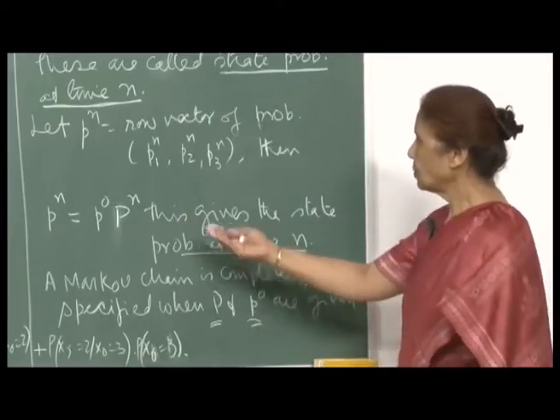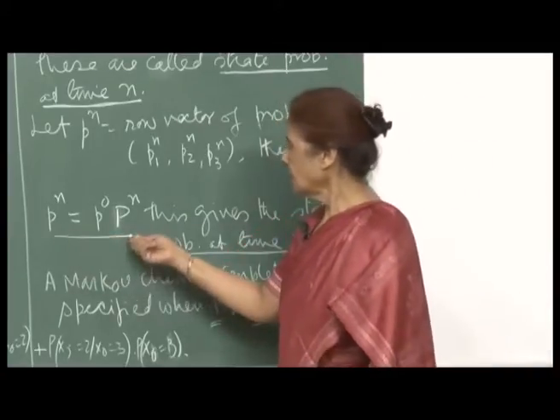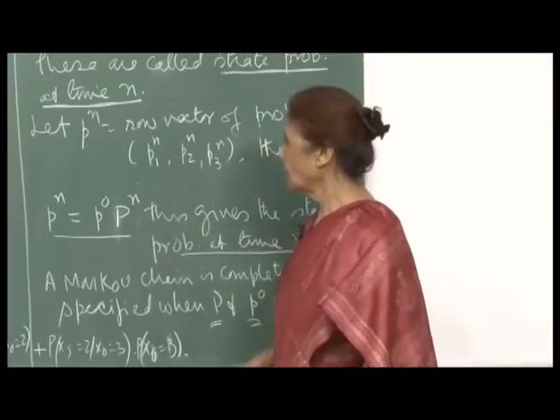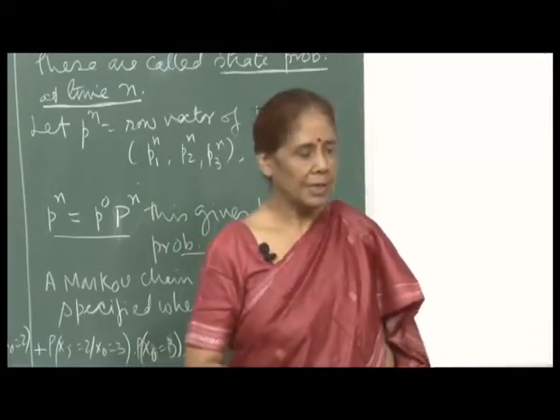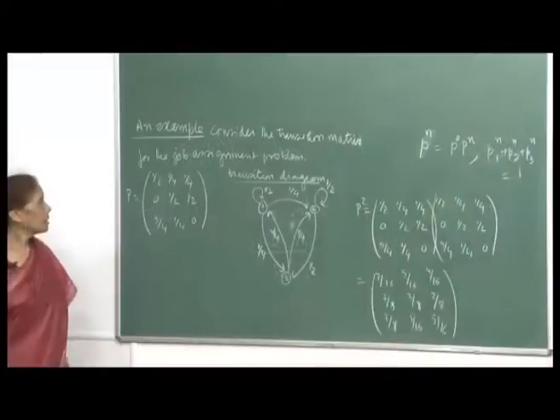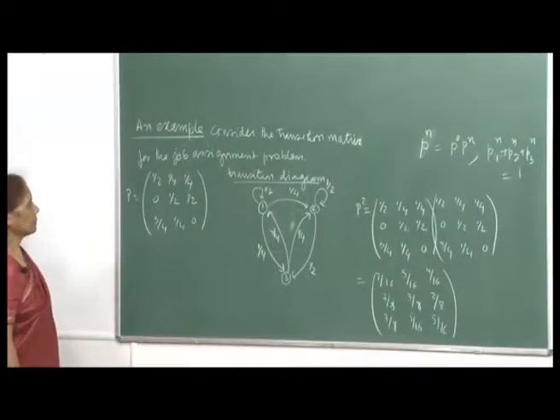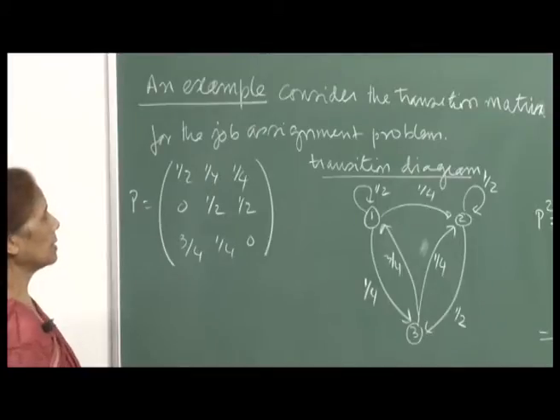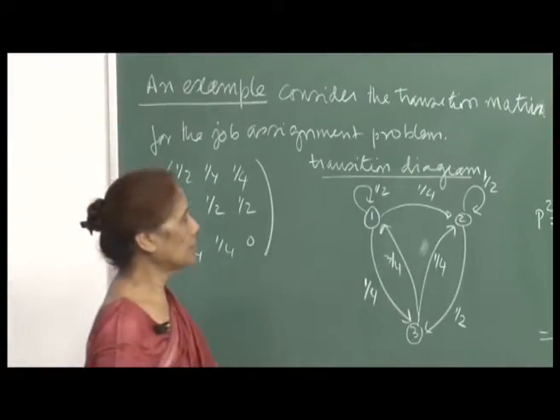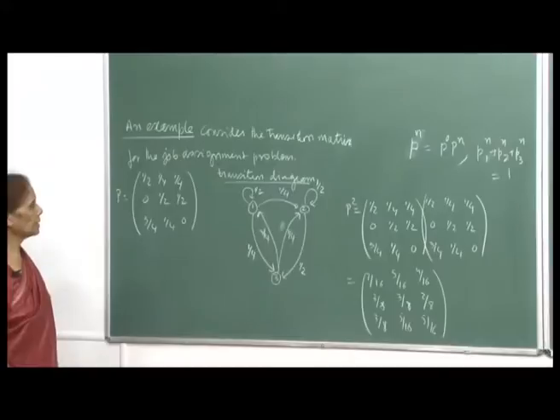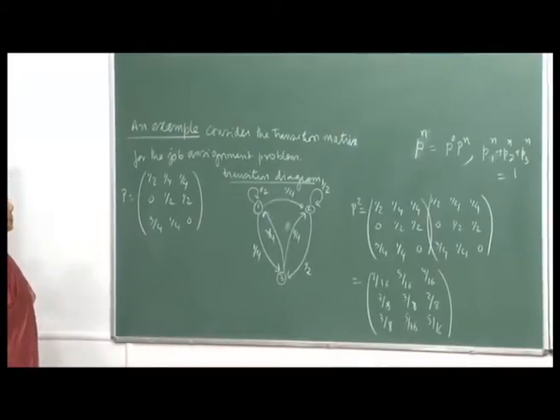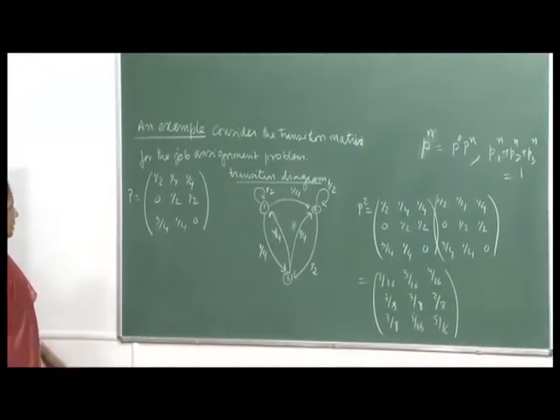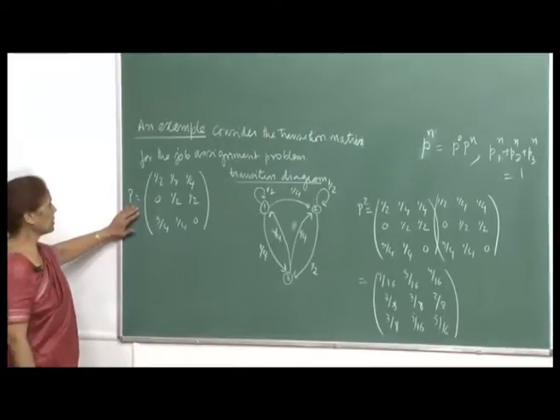Then you can compute these, and of course, you can compute the n step transition probabilities also. So, let us consider an example, the same example now with numbers, and go through all the concepts we have talked about: the transition probabilities, the higher order transition probabilities and the state probabilities. Suppose the transition matrix is given as this.